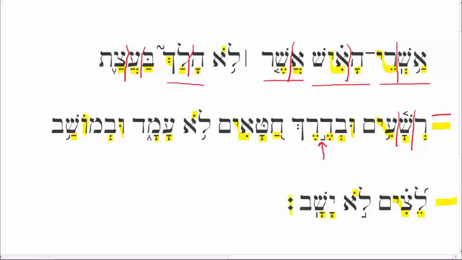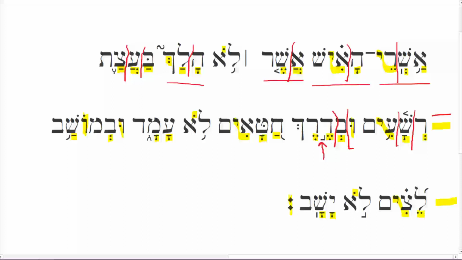It's a closed syllable. We're done with that word. Now we have this shurek, which is the only case where a vowel begins a word, and we'll actually divide after it. This is a vocal schwa. It's beginning a syllable, and so it's a vocal schwa. And so we have u, v. The next letter, the dalet, has its own vowel, so we divide before it.